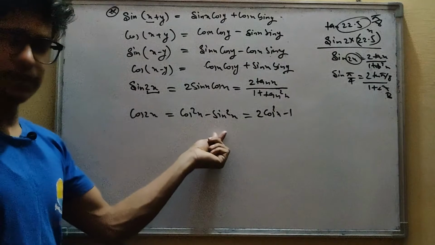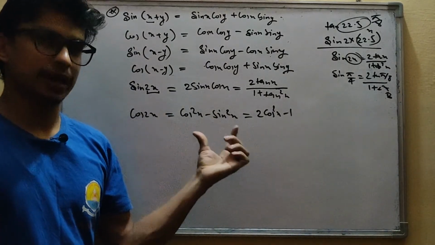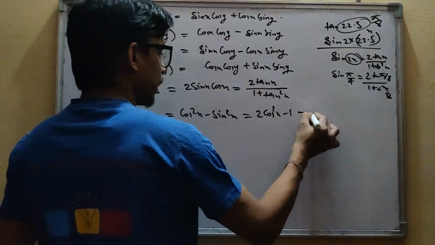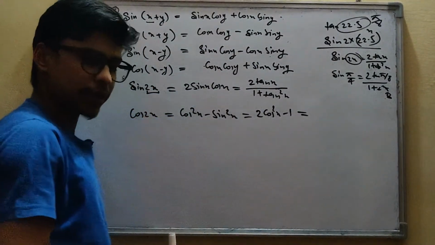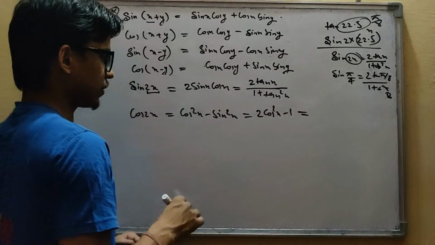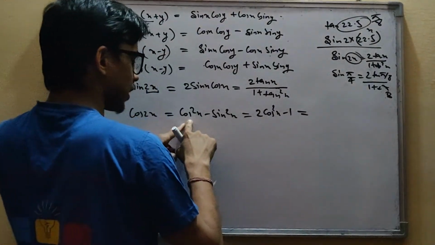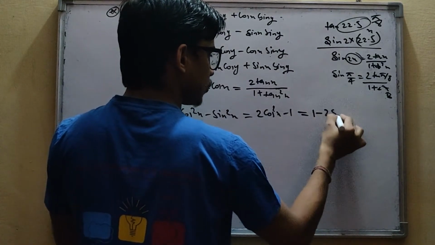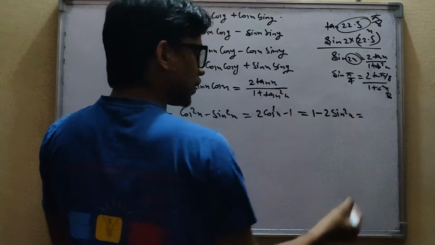Remember that sin square x can be replaced as 1 minus cos square x, because cos square x plus sin square x is 1. Now again, replace cos square x by 1 minus sin square x. If you do so, it will get converted into 1 minus 2 sin square x, right?